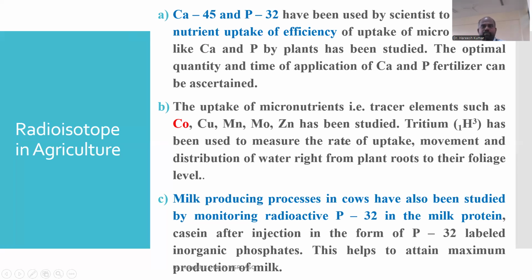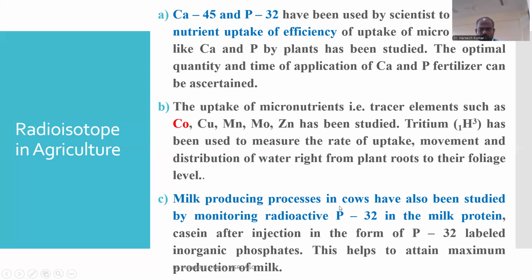The uptake of micronutrients, that is tracer elements such as cobalt, copper, manganese, zinc, and molybdenum, has been studied. Tritium has been used to measure the rate of uptake, and the movement and distribution of water right from plant roots to their foliage level.